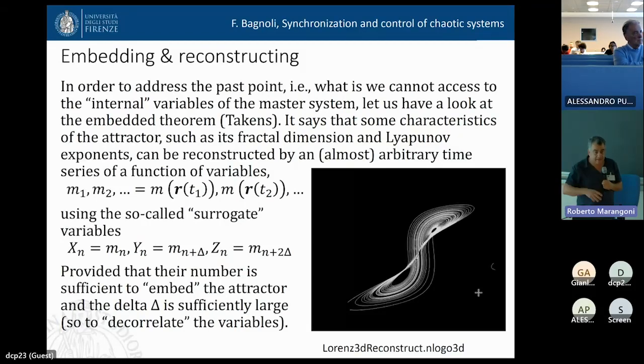So as I said, X squared, sine of Y, or whatever. What is interesting is that I can take advantage of Takens' theorem on the reconstruction of the attractor, which says that a lot of quantities, like for instance the Lyapunov exponents, are quite robust with respect to the transformation of variables, using a time series with delay as an embedding space.